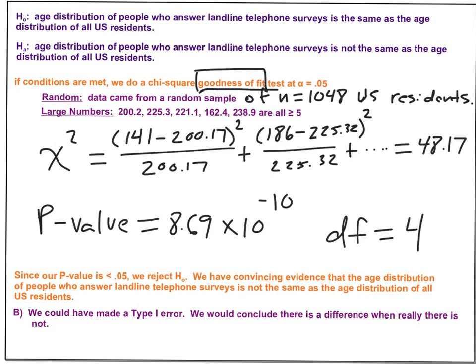We'd say we have convincing evidence that the age distribution of people who answer landline telephone surveys is not the same as the age distribution of all U.S. residents. Okay, so again, it's not that they didn't have a landline, it's that who would answer the landline to participate in the survey. Okay?